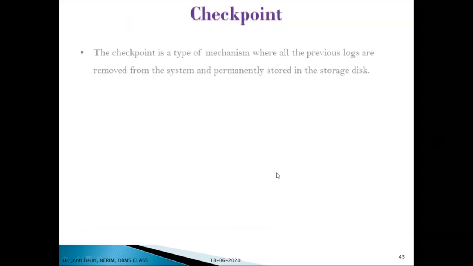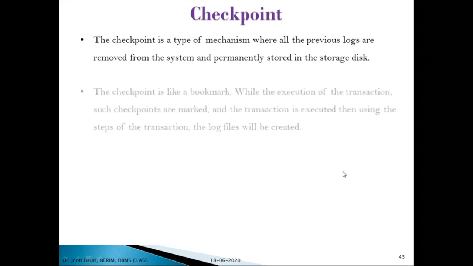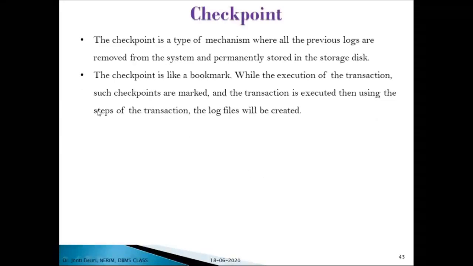Now we come to checkpoint. So what is that? This is one type of mechanism where all the previous logs are removed from the system and permanently stored on the storage disk. A checkpoint is like a bookmark. While we are executing the transaction, checkpoints are marked.